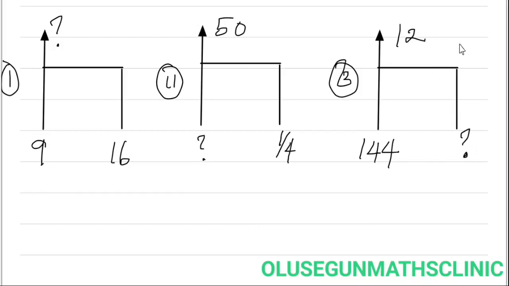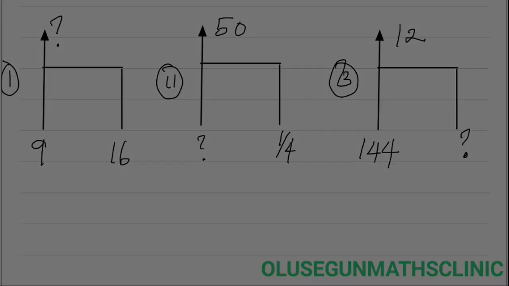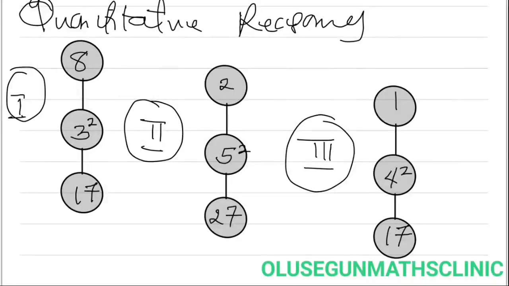Let's have another meaningful example at this junction. Let's study this quantitative reasoning. How does it work, relative to what we have been discussing from the beginning?